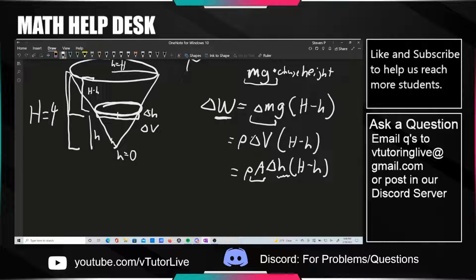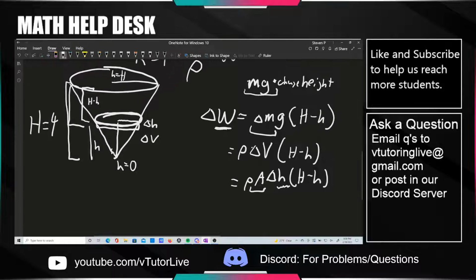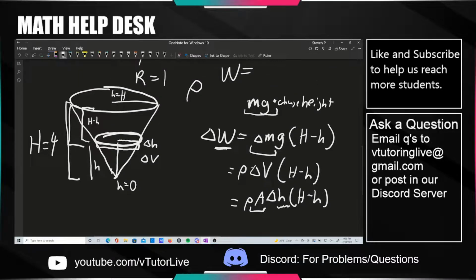Well, it's actually not too bad, right? We can tell that when h is equal to 0, r is equal to 0, and when h is equal to big H, little r is equal to big R, which happens to be equal to 1, right? But I'm doing this with general expressions rather than real numbers.